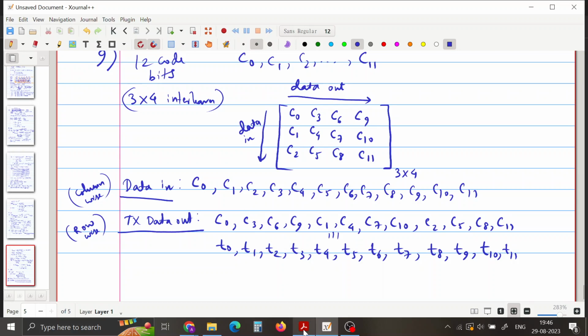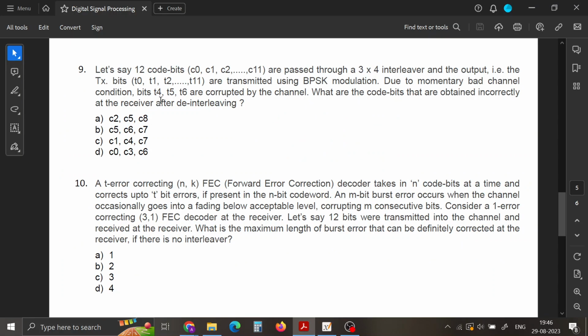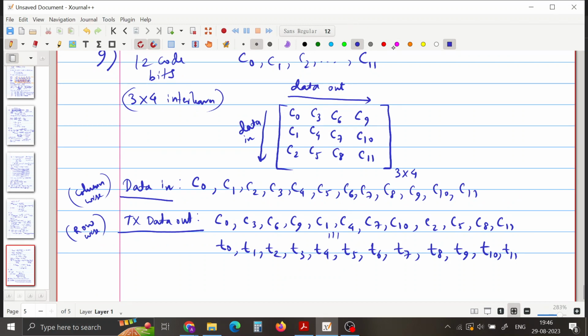Now it is mentioned that T4, T5, and T6 are corrupted during transmission. So what are the corresponding code bits that have gone wrong? You see exactly the mapping.